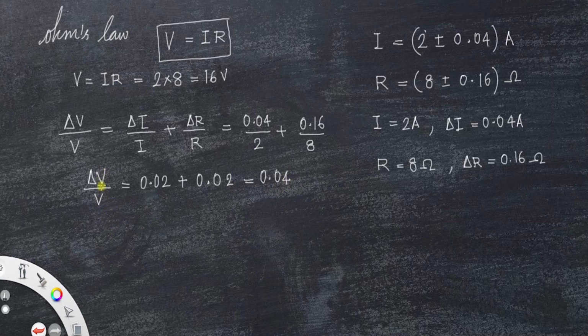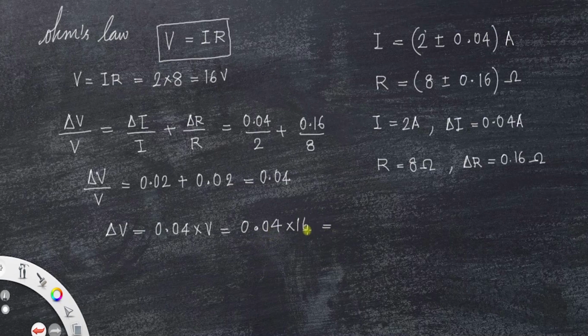The fractional error in voltage is 0.04. And you know delta V, if you take this V to the right, is equal to 0.04 into V. But we already found V is 16.